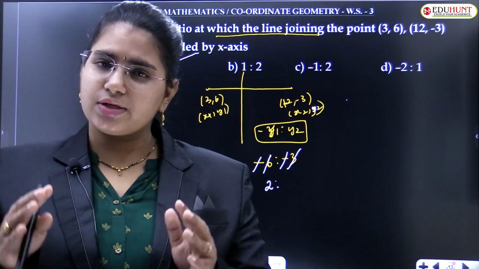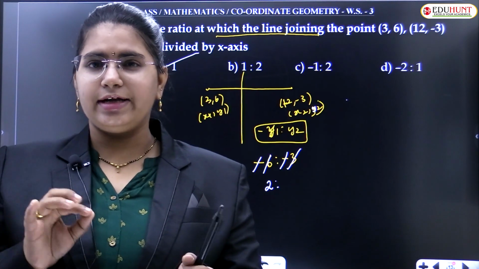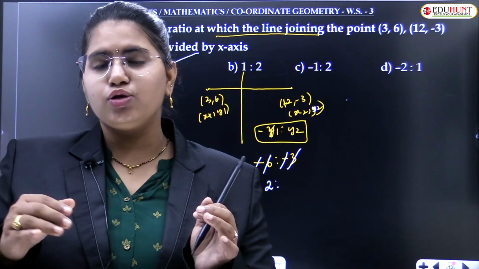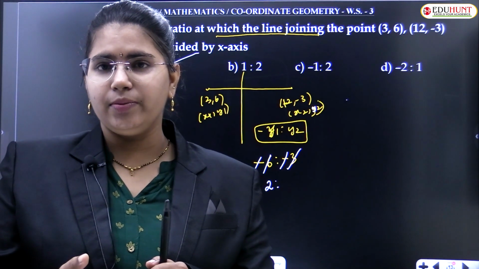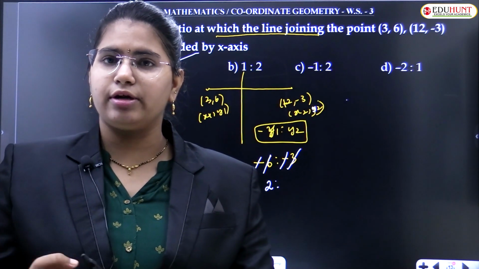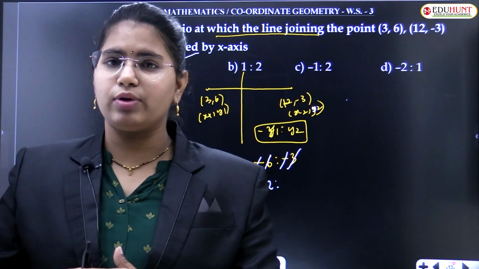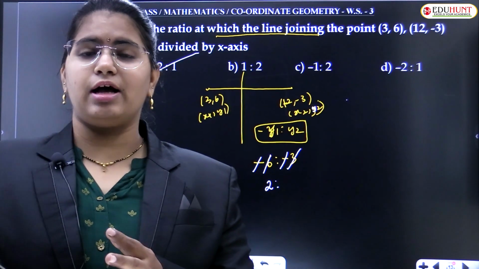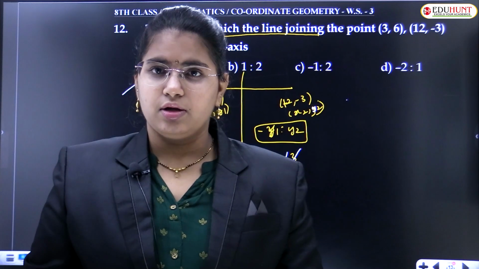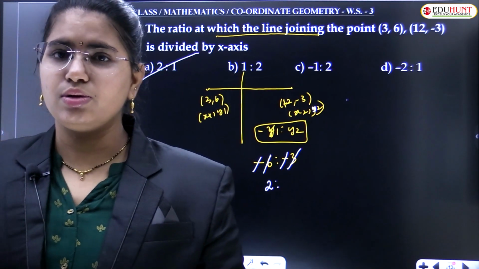So once you have read all the formulas, write a synopsis, like your own notes, whatever you understand, so that you get an idea of which formula to apply for a particular question. Understood? Chalo, we'll get back to the next one.